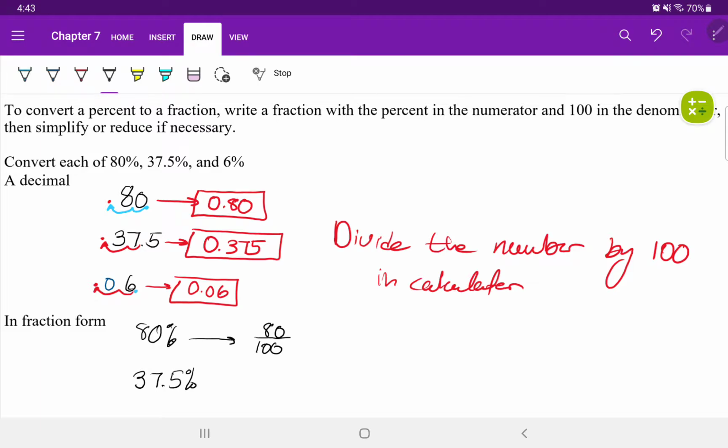The greatest common factor is the largest number that is divisible by both the numerator and denominator. And the greatest number that is divisible by both the numerator and denominator is 20. So divide the numerator by 20 and the denominator by 20. 80 divided by 20 is 4, and 100 divided by 20 is 5. That is 4/5.